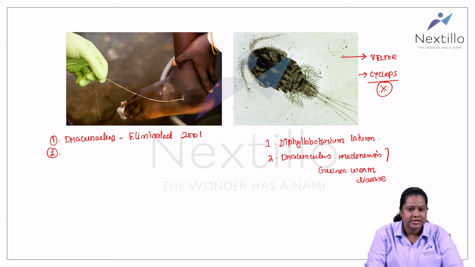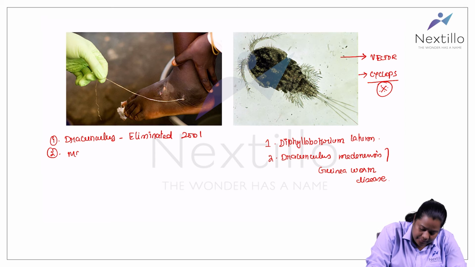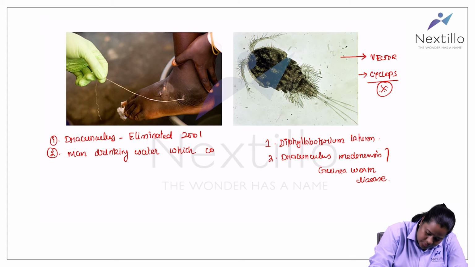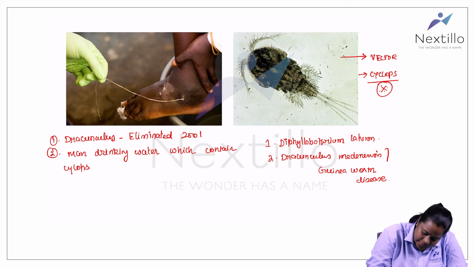So how is this disease spread? Man drinks water which contains the Cyclops. The Cyclops will have the larva of Dracunculus.